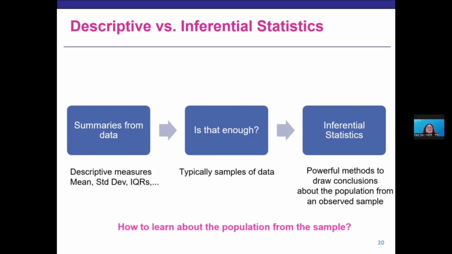So it is very important how we can generalize these insights to the population. In this situation, we need to use inferential statistics methods that enable us to draw conclusions about the population, taking into account the information that we have on the samples.